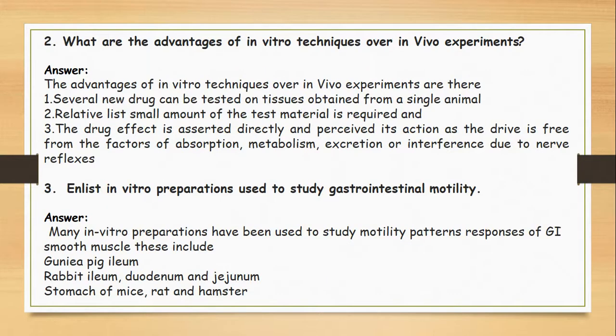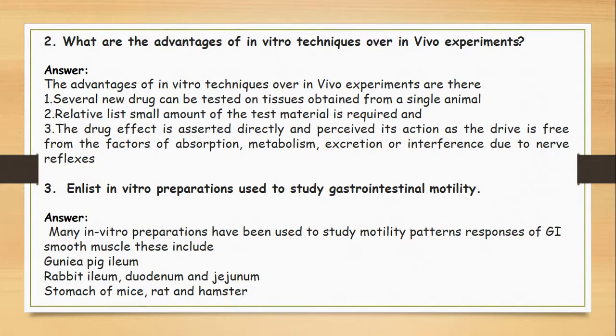Second question: what are the advantages of in vitro techniques over in vivo experiments? The answer is, first, several new drugs can be tested on tissue obtained from a single animal.